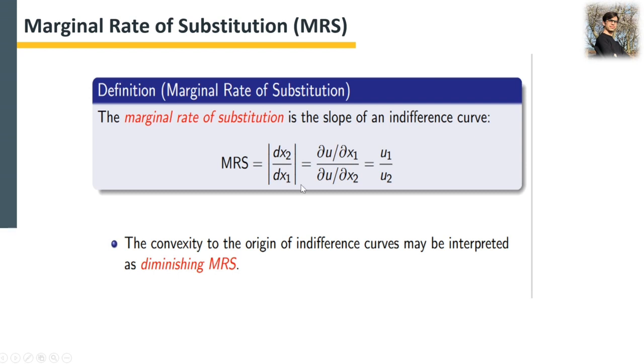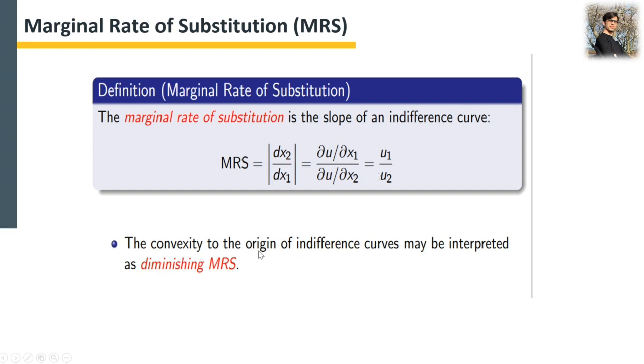When we derive it, it becomes the partial derivative of the utility function with respect to x1 divided by the partial derivative of the utility function with respect to x2. The partial derivative of utility with respect to x1 is the marginal utility of x1, and with respect to x2 is the marginal utility of x2. Then simply, the marginal rate of substitution is the ratio of the marginal utilities of the two goods.